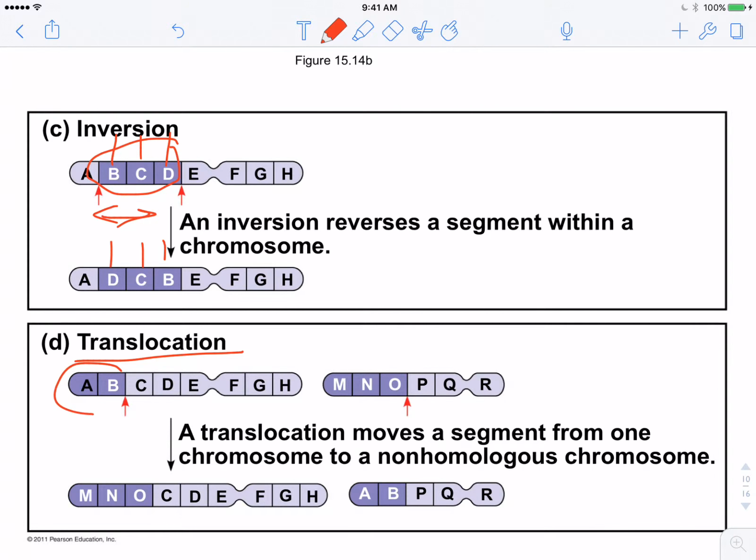So it would take this chunk, and they swap places. So this piece goes onto this chromosome, and this piece goes onto that chromosome, and you get a big jumbling of genetic information.